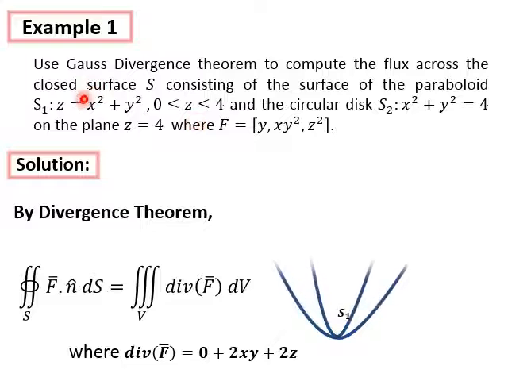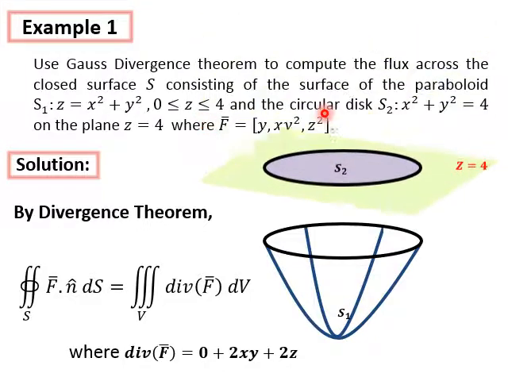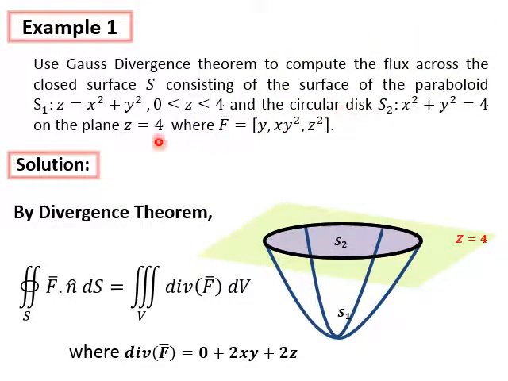Now the given surface S is the combination of S1, the paraboloid, whose height is 4 units as given here, and S2, the surface of the circular disc on the z equal to 4 plane. The combination of S1 and S2 makes the surface a closed surface. Now the divergence theorem is applicable for this problem to compute the flux across this closed surface.